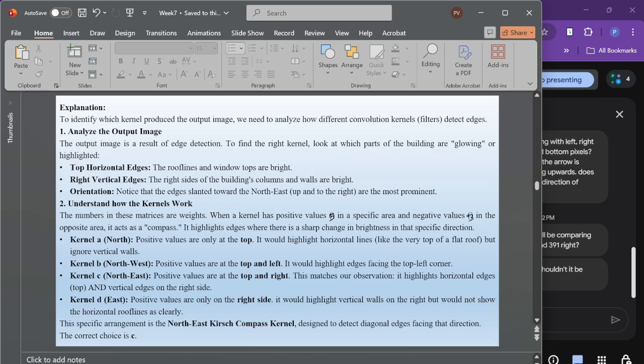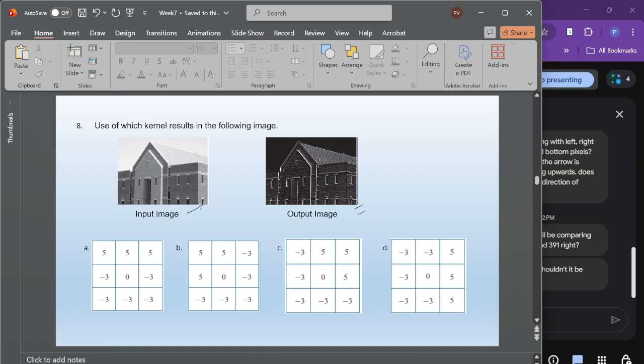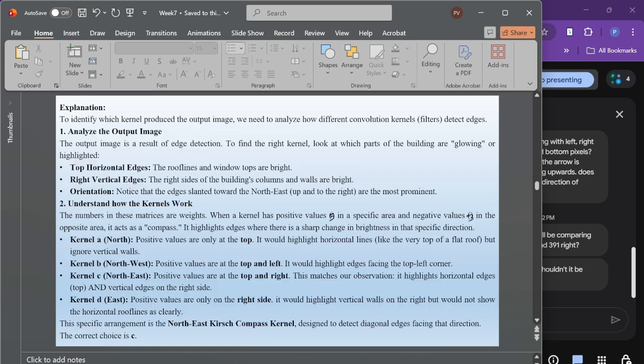In the kernels, 5 is given as the positive value and minus 3 as the negative value. In the opposite area, it acts as a compass. So it highlights edges where there is a sharp change in brightness in that specific direction.